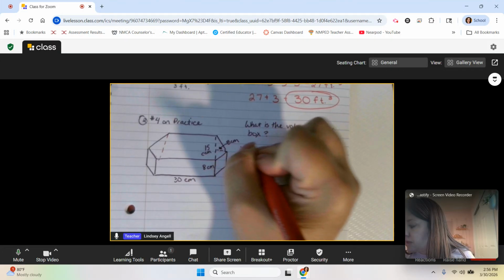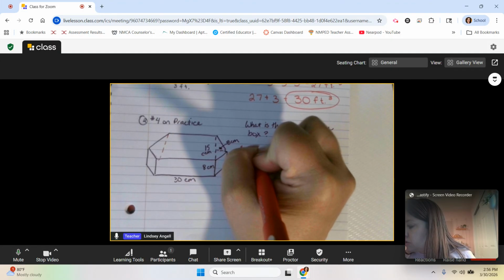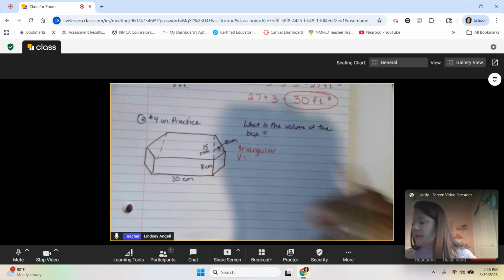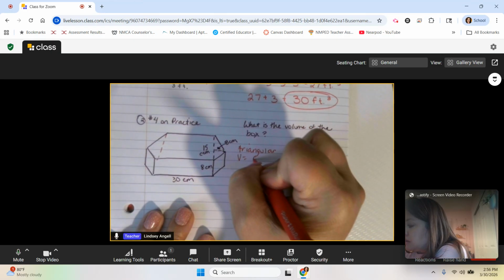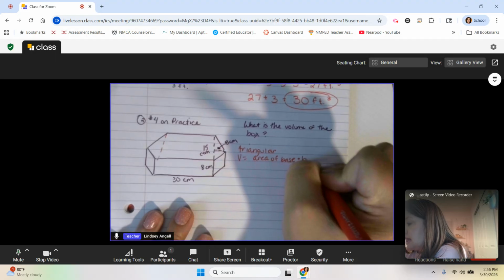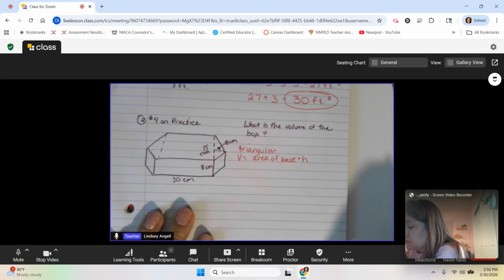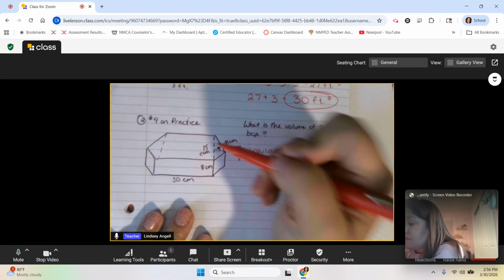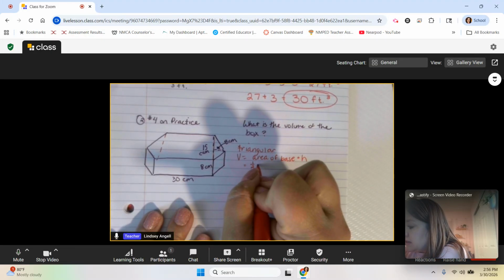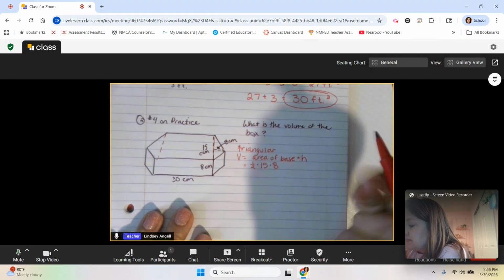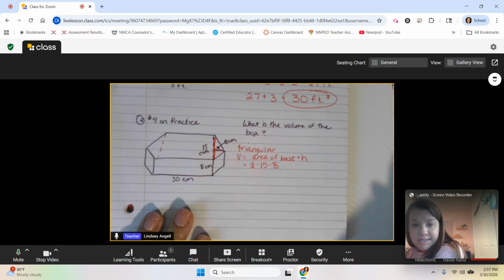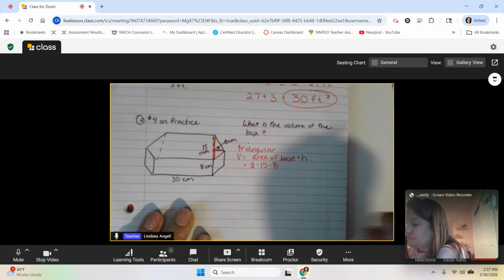So for the triangular prism, okay, remember the volume is equal to the area of the base times the height. So first we need to find the area of the triangle, okay, which is 1/2 times 15 times 8. So I'm considering this is my base and that is my height, okay?